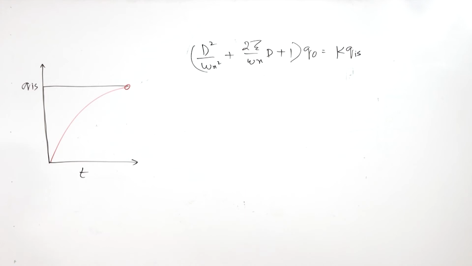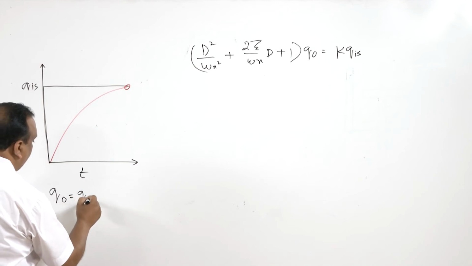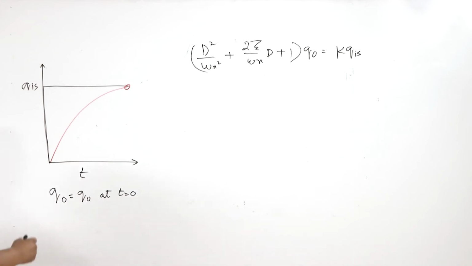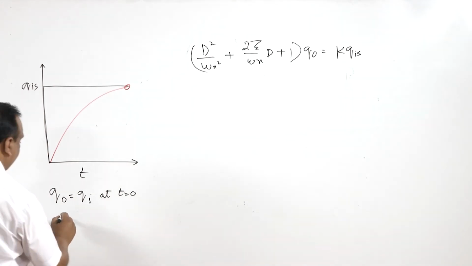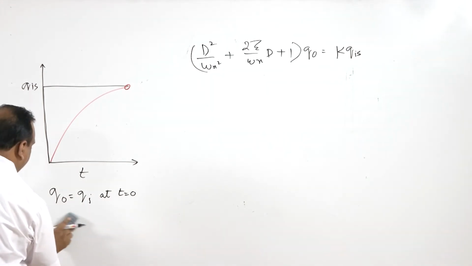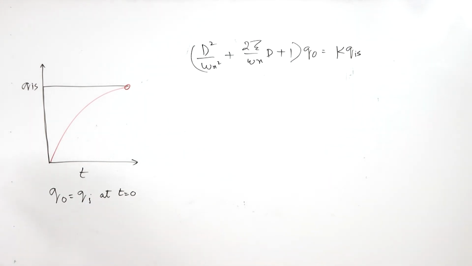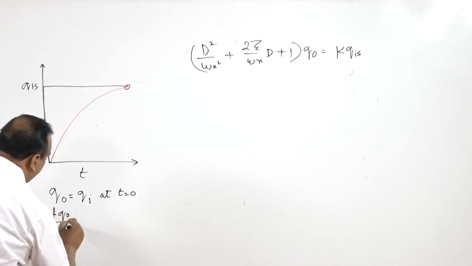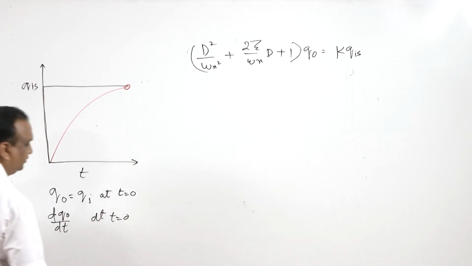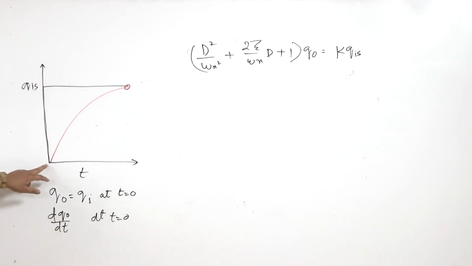The boundary conditions are the same: QO is equal to 0 at t equal to 0, and dQO upon dt, the rate of change in output, is also 0 at t equal to 0. So at t equal to 0, the output is 0 and the rate of change of output is also 0. These are the two boundary conditions.